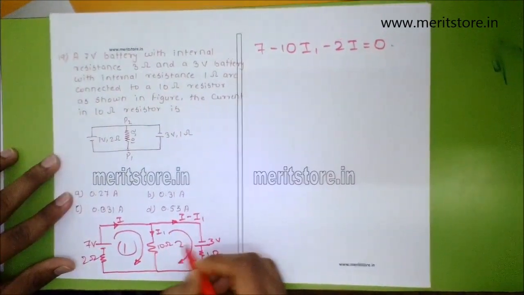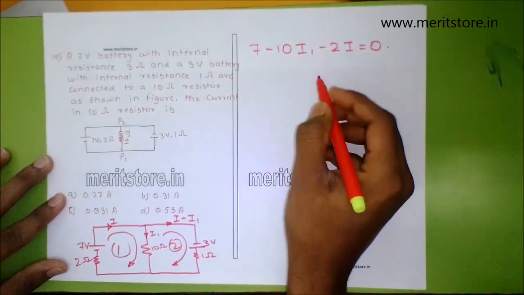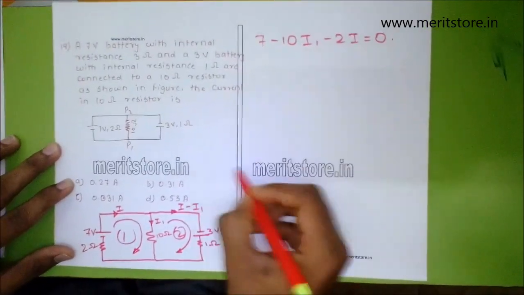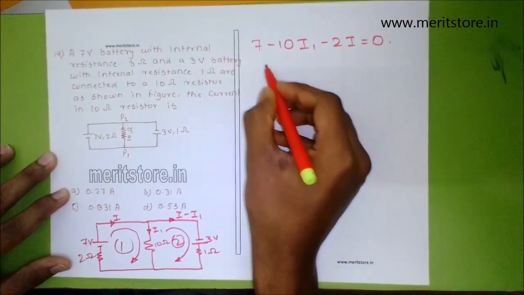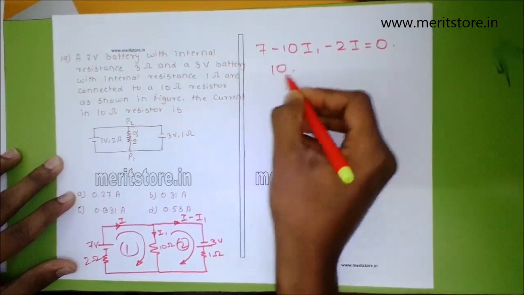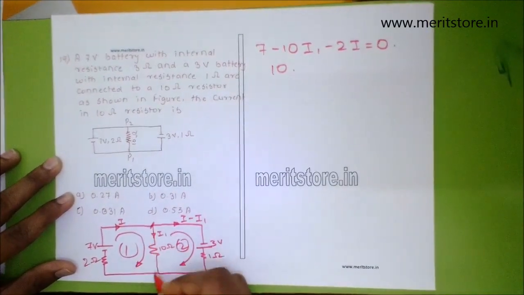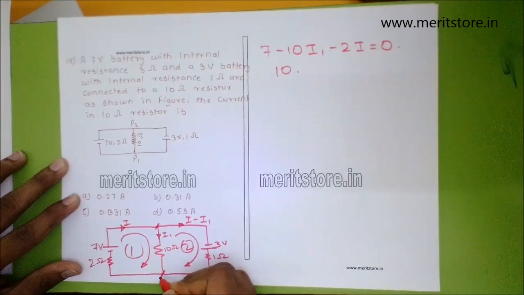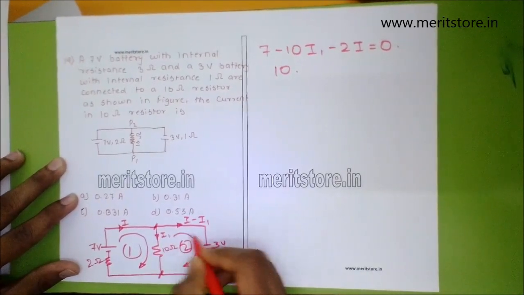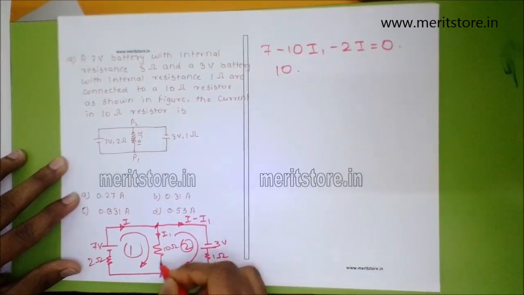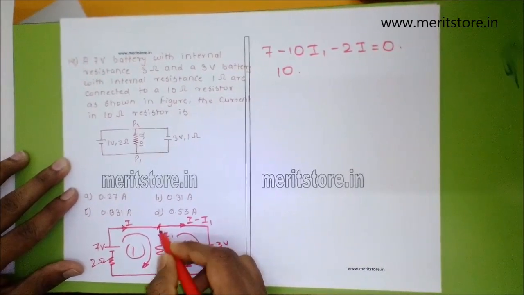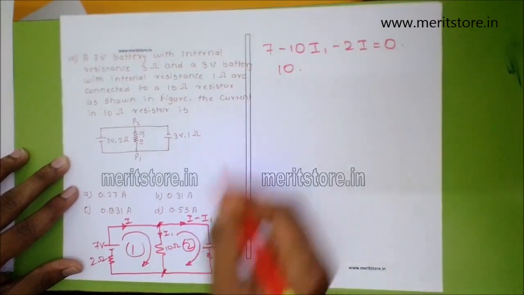For the second loop, the equation can be written as follows. We assume that this is at a higher potential than this, and hence in this anti-clockwise direction the potential is increasing for the second loop.